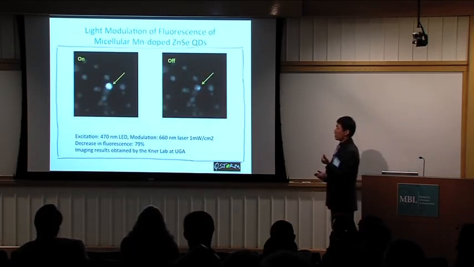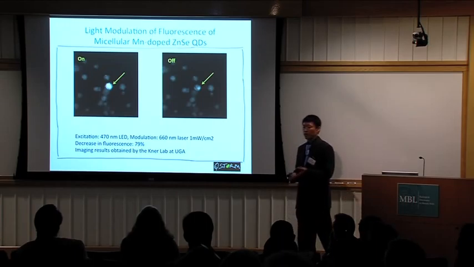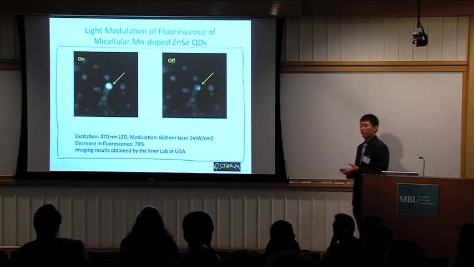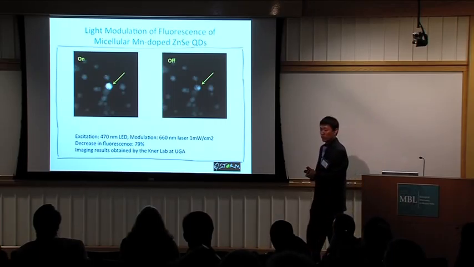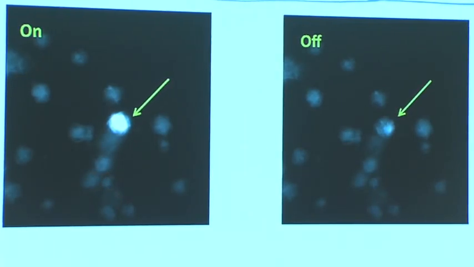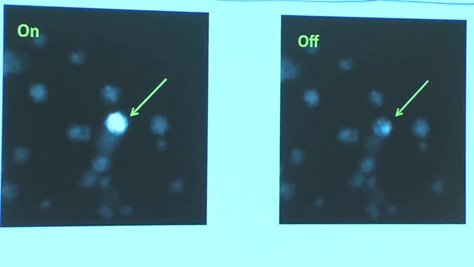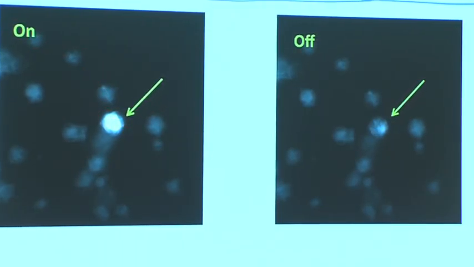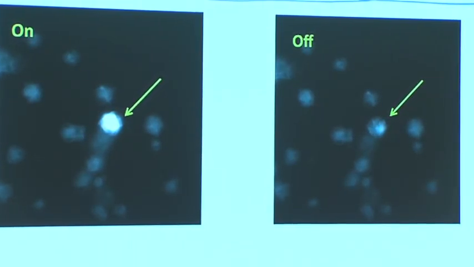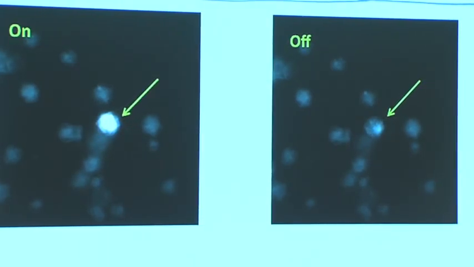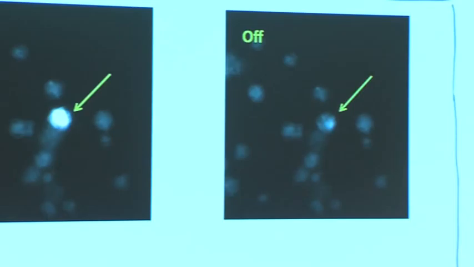So a key question is, of course, can we really modulate the fluorescence of these novel switchable nanoparticles? The answer was yes. So when we don't have the modulation light on, the fluorescence of the particle is on.